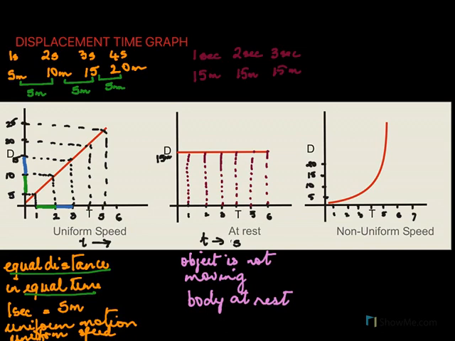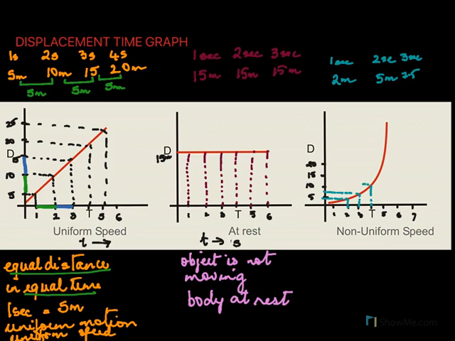Now here again, at 1 second, the object is at a distance, say 2 meters. At 2 seconds, it is at 5 meters. At 3 seconds, say 7.5.